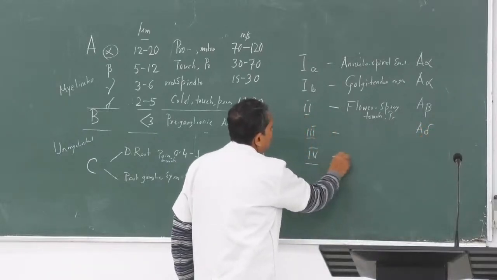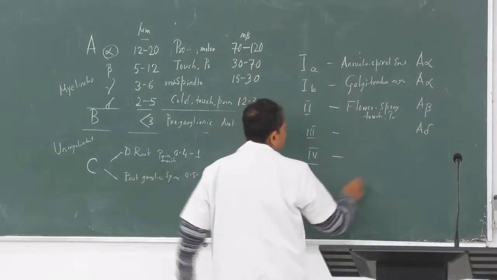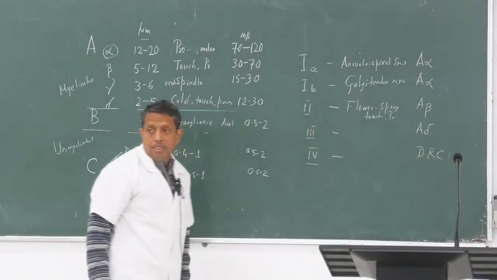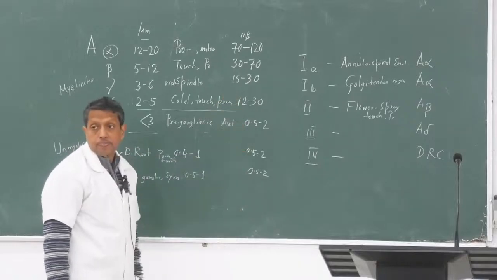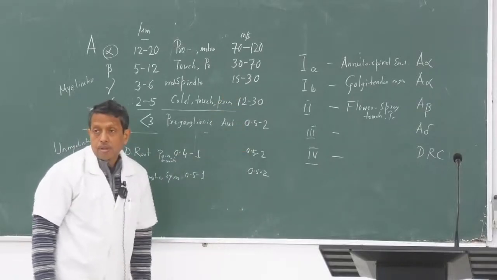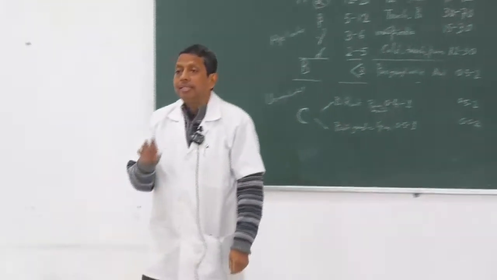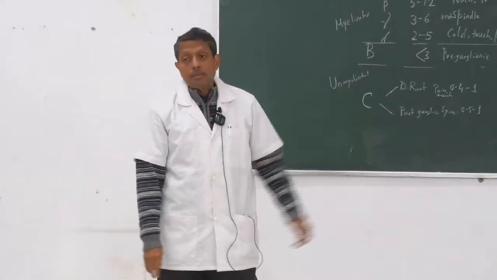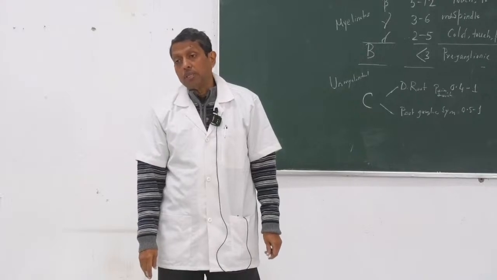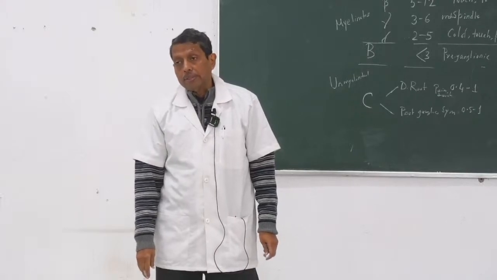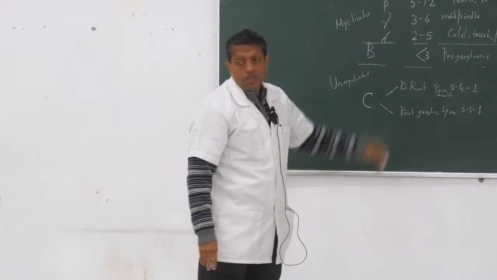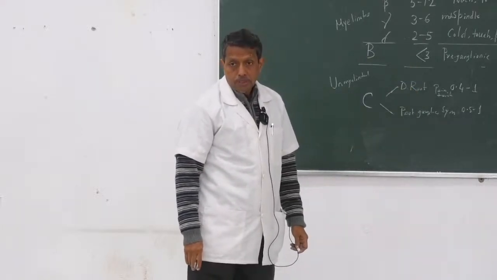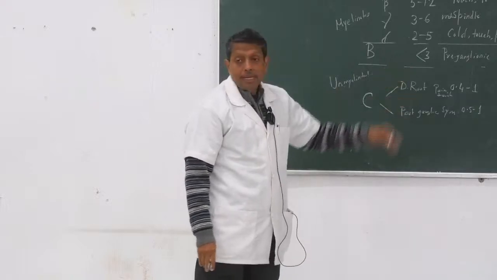And this 4, dorsal root fibers, these are the corresponding. So there are 2 systems, the Erlanger-Gasser classification and this numerical system, and this is the correspondence between them. It involves all motor and sensory, but the numerical system is only sensory, and they are related in this way.